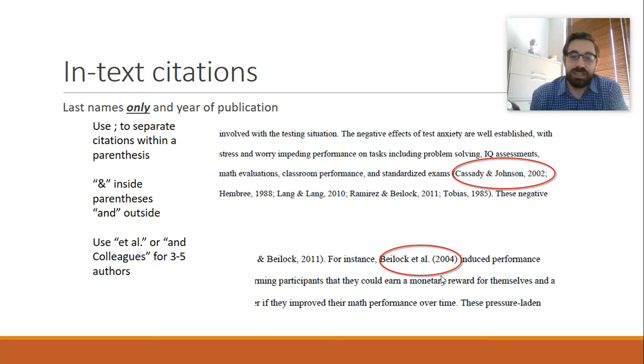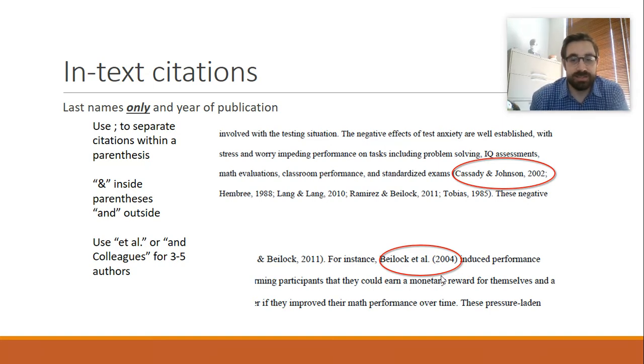So in-text citations are the citations that appear in the writing. So inside your introduction section or discussion section or method section, wherever it might be, where you cite a source as you're writing to support the points that you're making or to point the reader to more information.